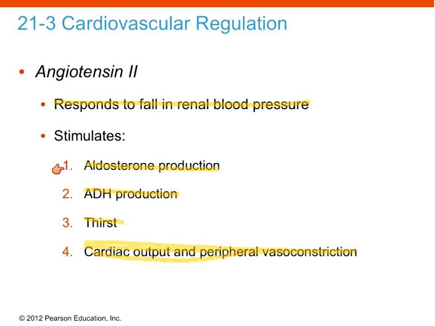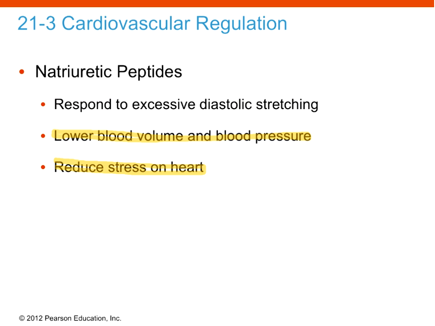So because sodium ions are retained, water will also be retained. It'll also stimulate thirst so that you can bring more water in from your external source, like a drinking fountain or your refrigerator. And then it's also going to stimulate cardiac output and peripheral vasoconstriction. And all of this is done in an effort to increase this fallen blood pressure.